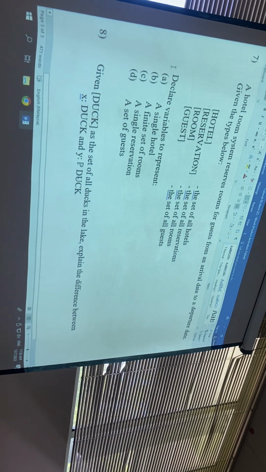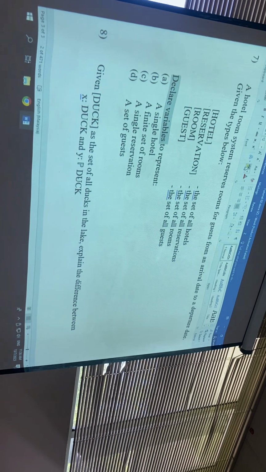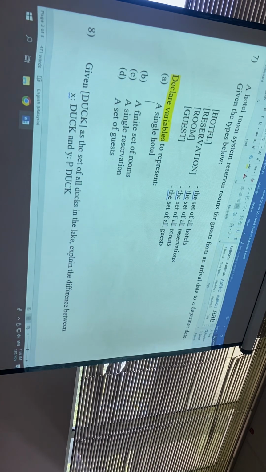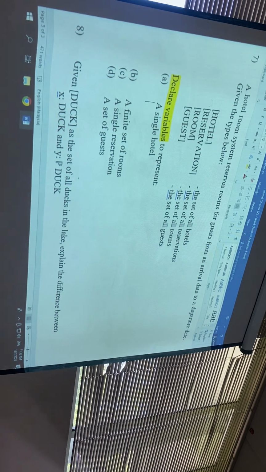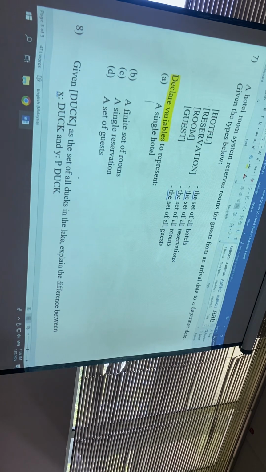So this is variable declaration. If I ask you a single hotel, how are you going to declare a single hotel inside your system? Do you remember how to do variable declaration from yesterday's lecture?